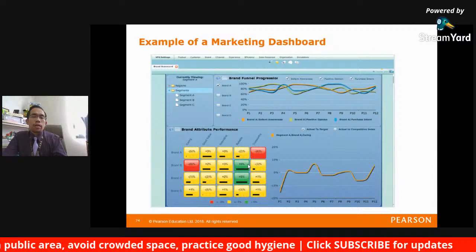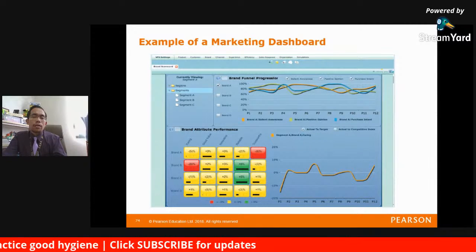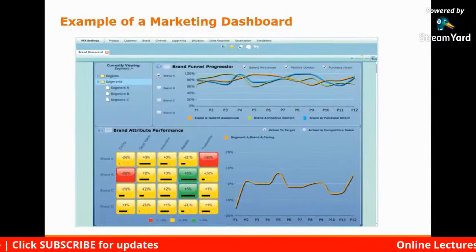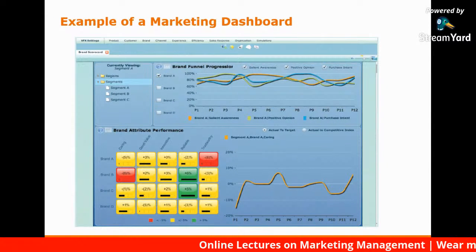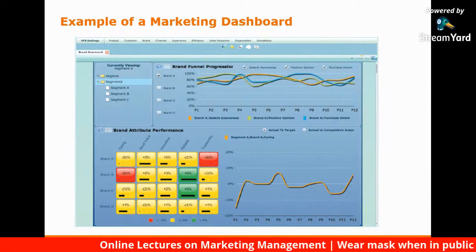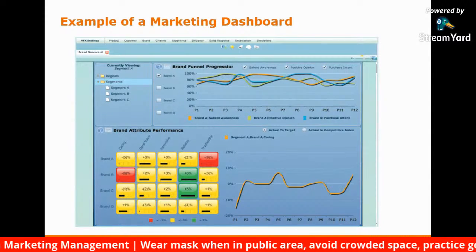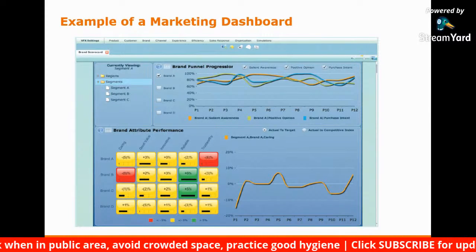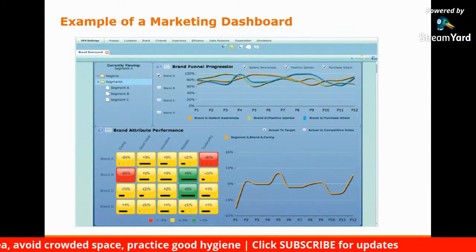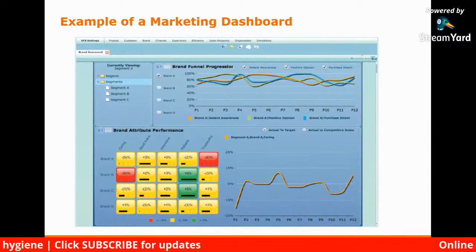This is an example. You might employ this one. Actually, when you start a business, try to have a very simple system for monitoring your progress.